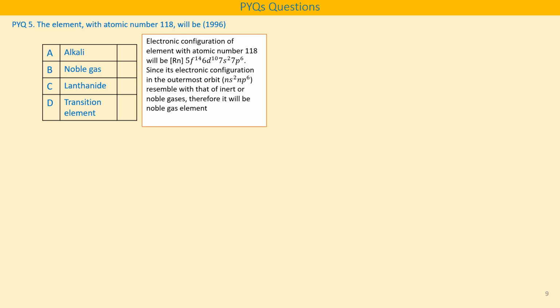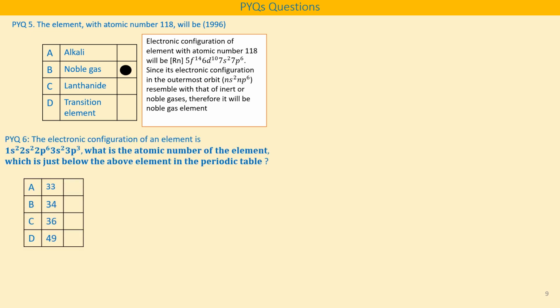Since its outermost electronic configuration ns2 np6 resembles that of the inert or noble gases, it will be a noble gas element. This option is given as B. Hence mark it.